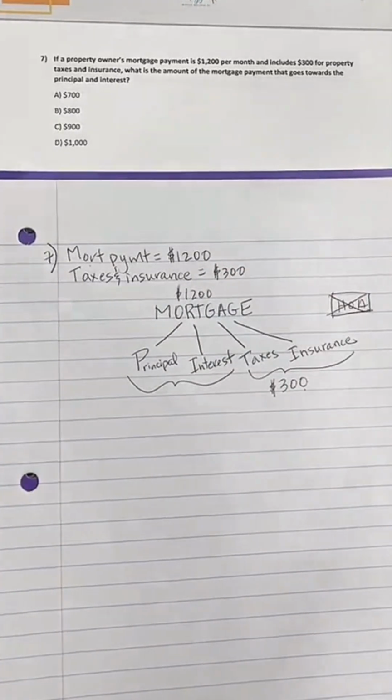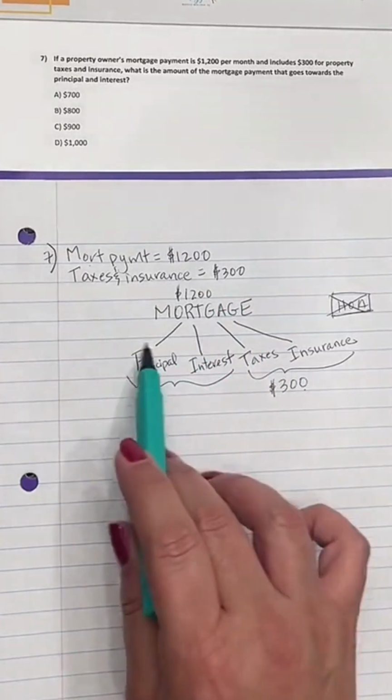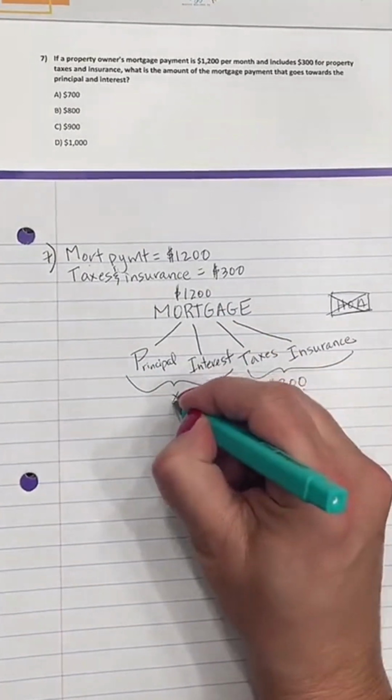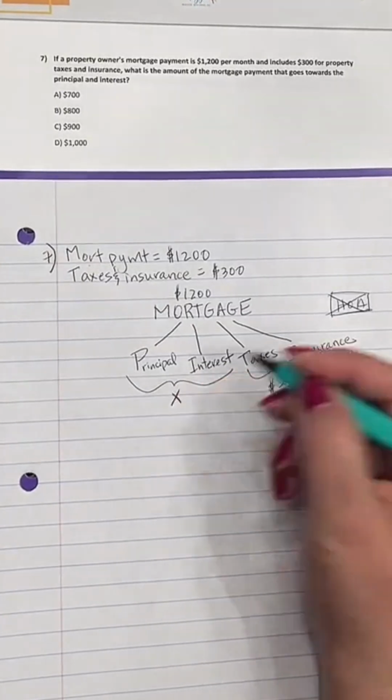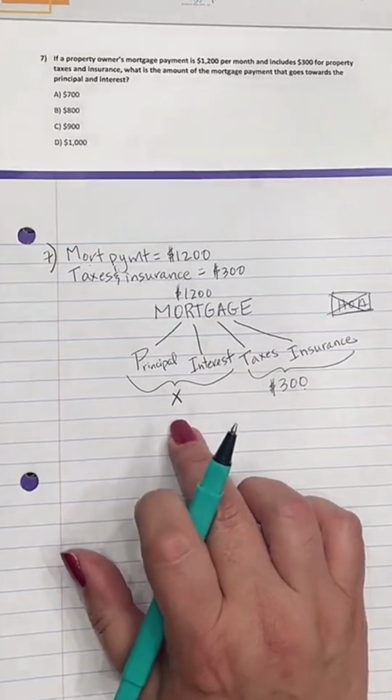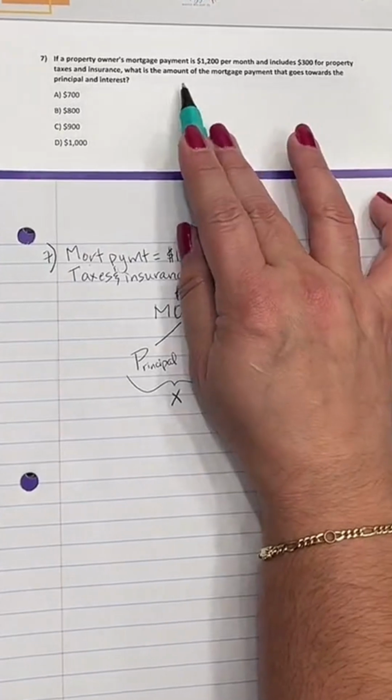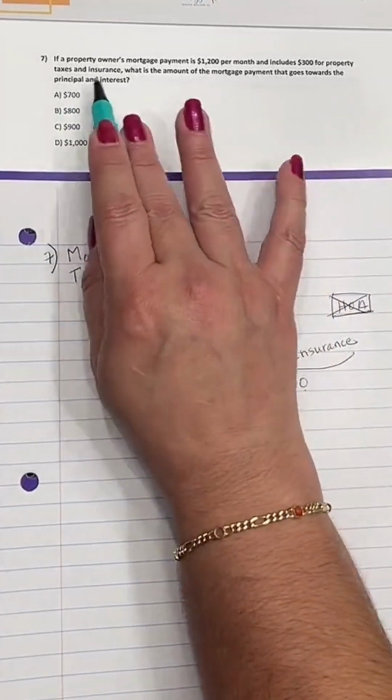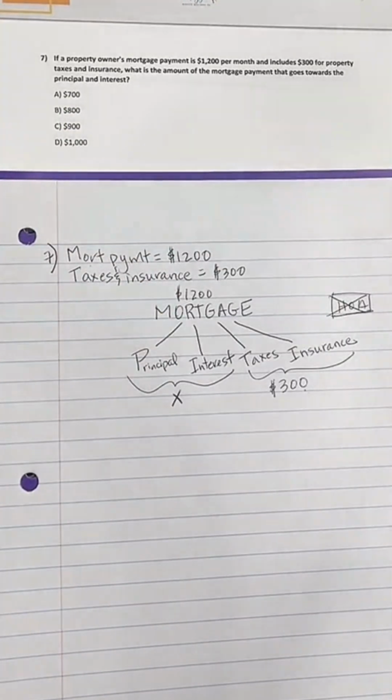So, what do you think we're going to do here? What do you think we're going to do to find what is the principal interest? This is our unknown. That's what their question is asking. How much goes towards the principal and interest? Subtract. Very good. We got to subtract.